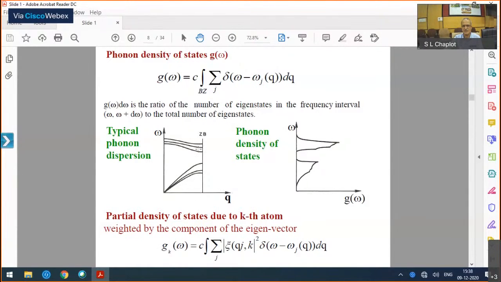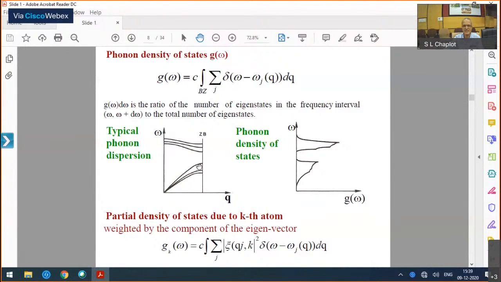If, for example, the typical dispersion relation is like this, you have the acoustic modes and the optic modes, then the corresponding density of states would look something like this: fairly low density to begin with, but wherever these branches tend to be relatively flat, you get a higher density, because there are more phonons in a larger part of the Brillouin zone.